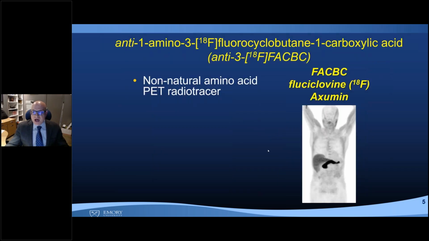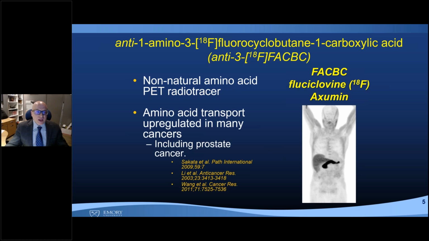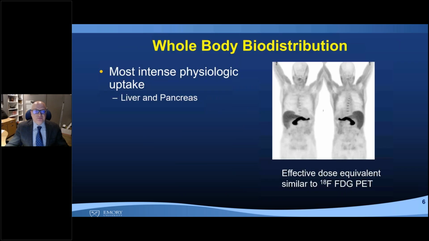Fluciclovine is a non-natural amino acid PET radiotracer, otherwise known as FACBC, or the trade name Axumin. Amino acid transport is upregulated in many cancers, including prostate cancer. The whole body biodistribution is different than that of FDG, though the effective dose equivalent is similar to FDG PET. The most intense physiologic uptake is in the liver and pancreas.